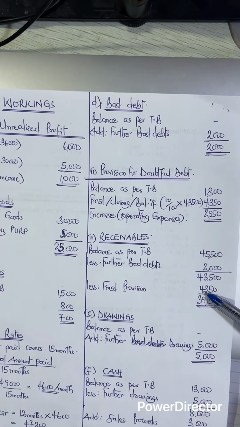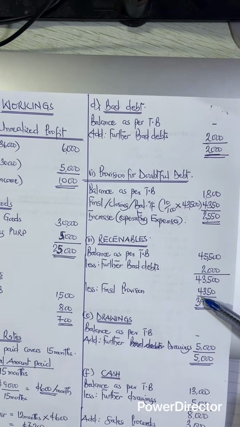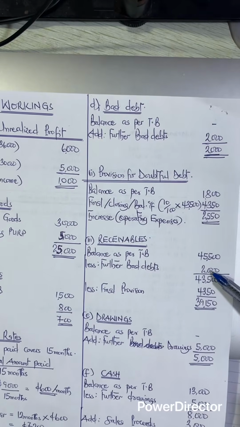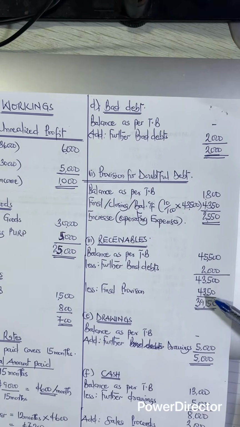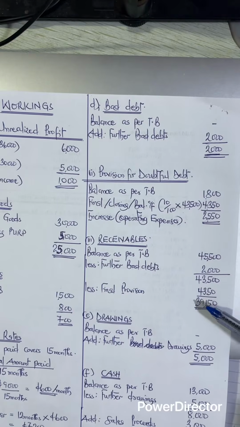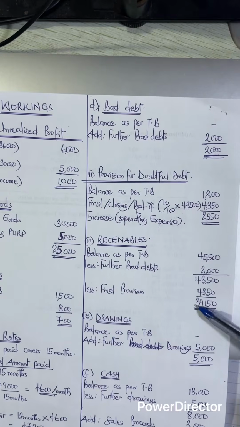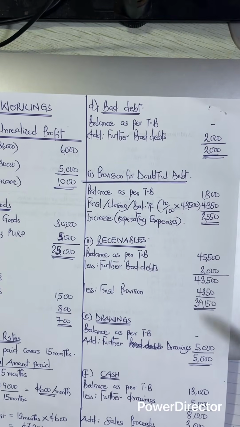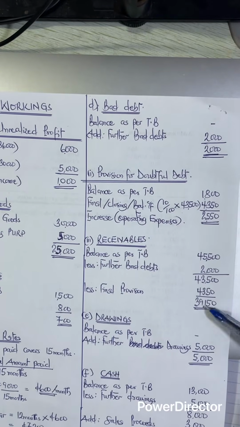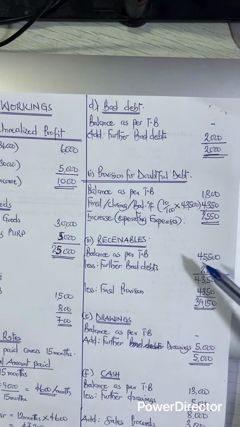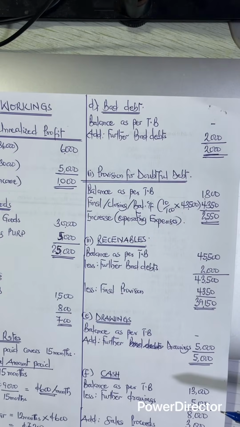So this provision is just an estimation that aside the people that you think they can pay, 4,350 cedis amount is also in doubt. So the final or the net receivables will be 39,150. So if you go to your statement of financial position, receivables or debtors figure will be 39,150.